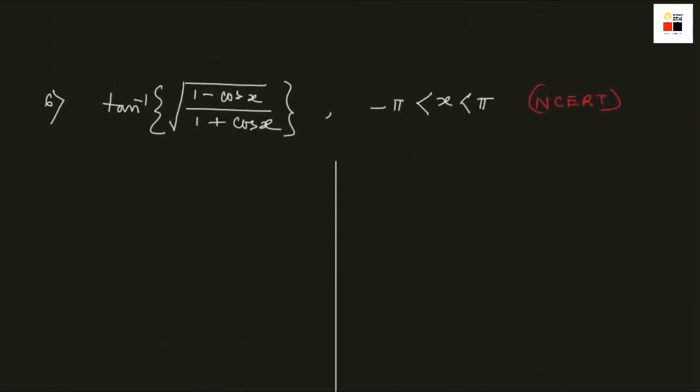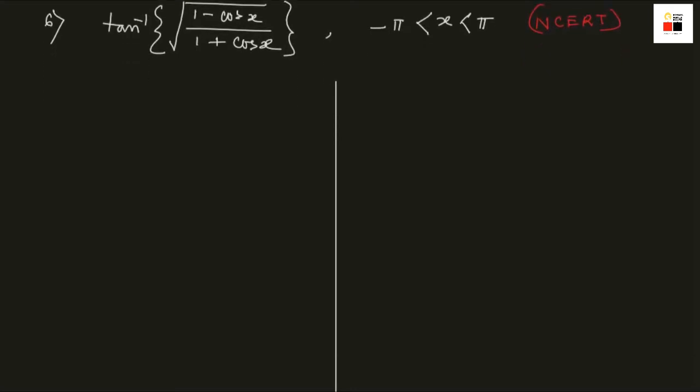Next problem is tan inverse of this expression. This is equal to tan inverse of under root 2 sin square x by 2 divided by 2 cos square x by 2.